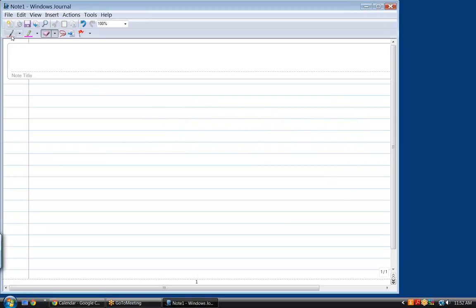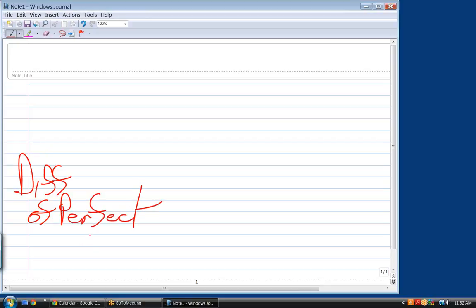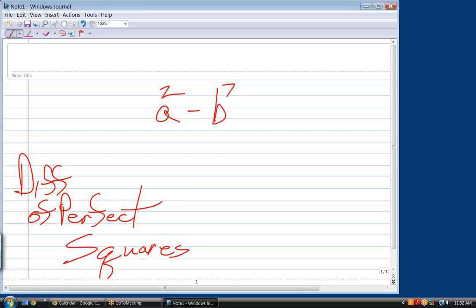And finally, there's a third type that's called difference of perfect squares, which sounds complicated, but when you think about it, it's really quite easy. There's a perfect square. There's a perfect square. We're taking the difference of them. That always factors into that times this.